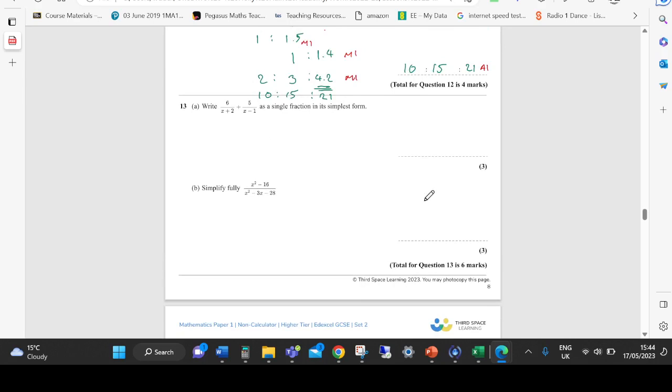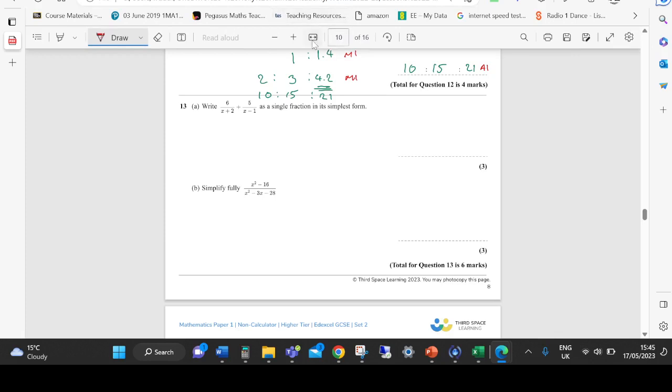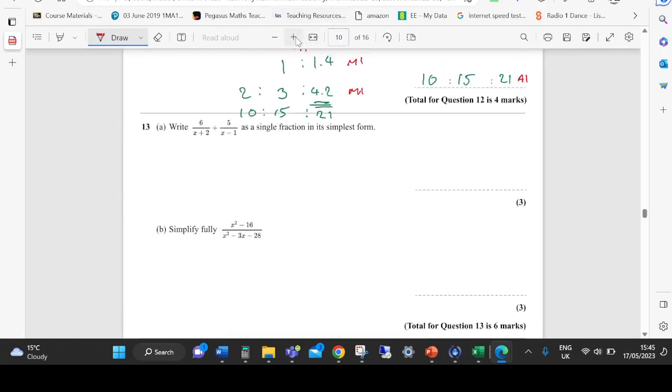Okay, question 13. Write 6 over x plus 2 plus 5 over x minus 1 as a single fraction in its simplest form. So in effect, not going to overly complicate this. What I'm going to do is put it over the same denominator.